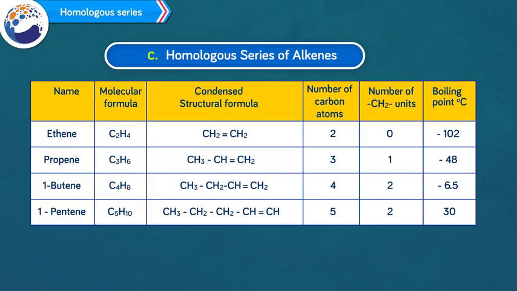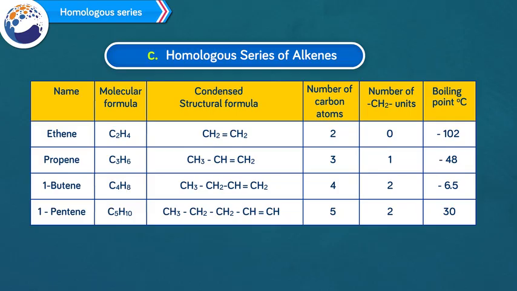Number of carbon atoms 3. Number of CH2 units 1. Boiling point is -48. 1-Butene, molecular formula C4H8. Structural formula CH3CH2CH=CH2. Number of carbon atoms 4. Number of CH2 units 2. Boiling point is -6.5.